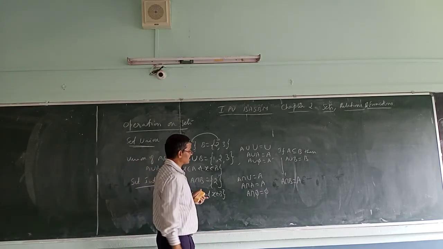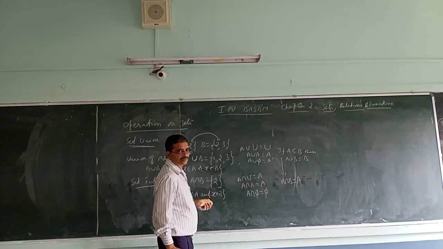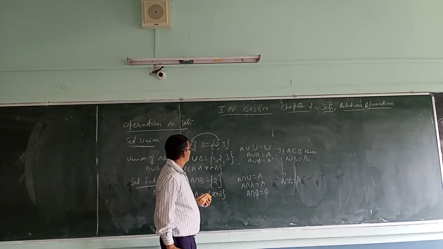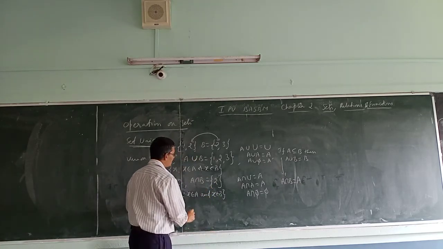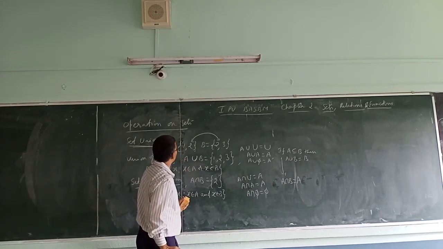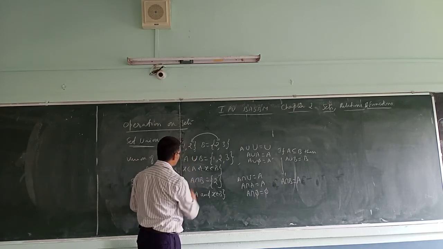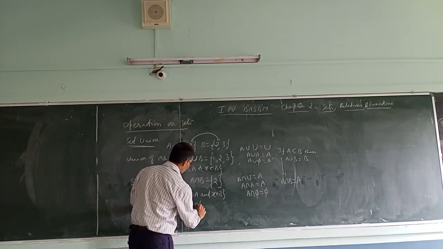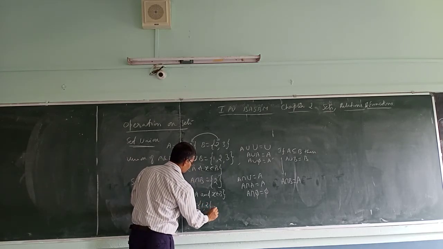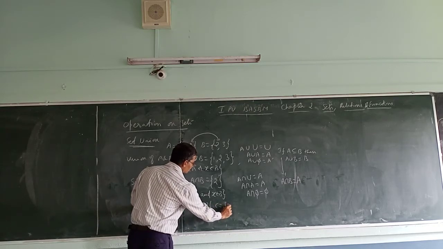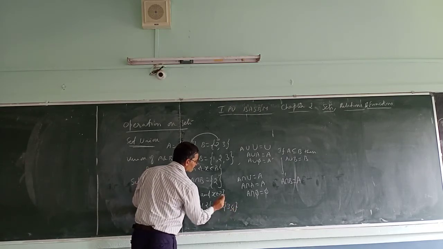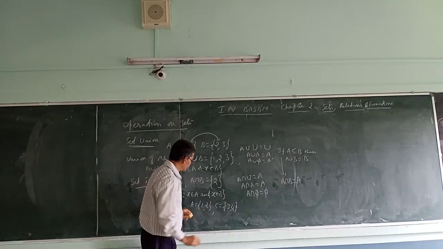Now regarding intersection, I will give one more example. Let us consider A here only. A equal to 1, 2. Let C equal to say 3, 4. What is A intersection C?